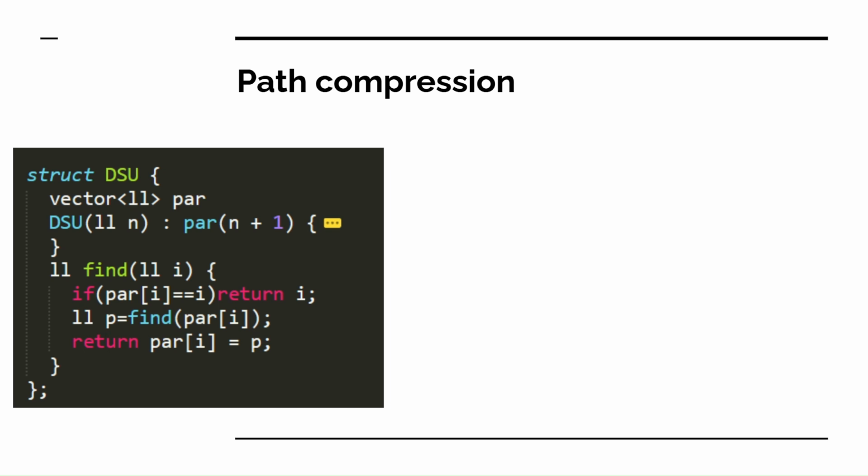Whenever we reach the root node, we return that root node, and for all the nodes which we traverse from x to the root node, we are going to update their parent. All these nodes now directly point to the root node. So all the edges from x to the root node are removed, and directly these nodes point to the root node.